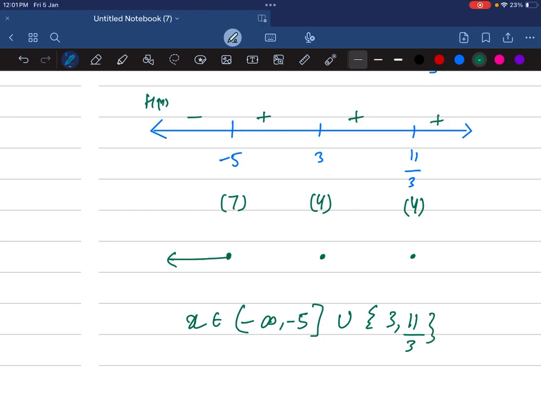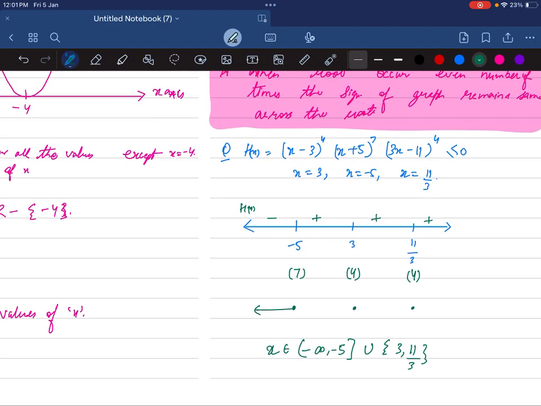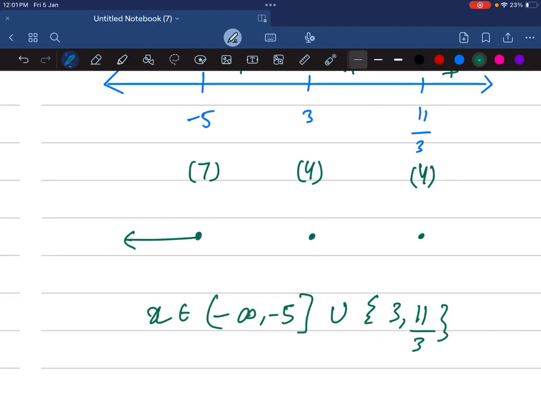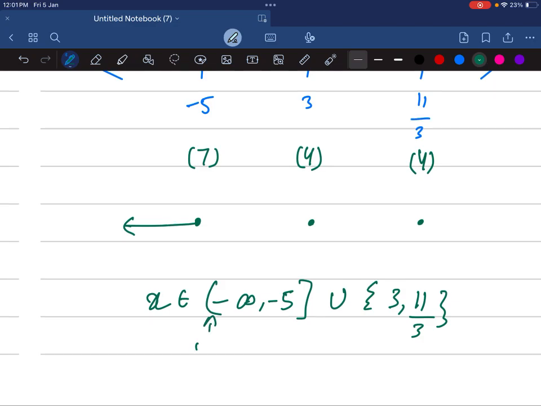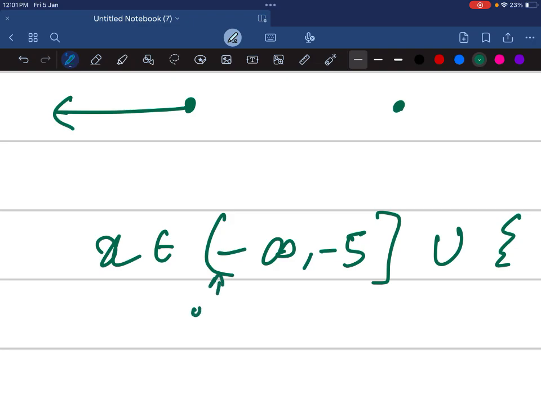So this is my answer and the question is done, but let me tell you about these brackets also. This is called an open or circular bracket, and it excludes the value.